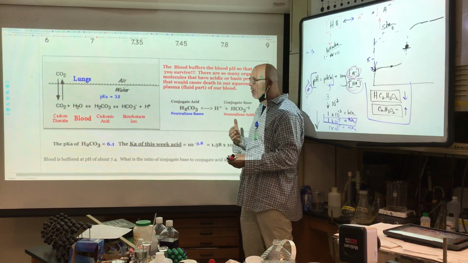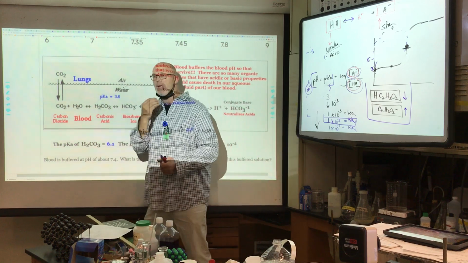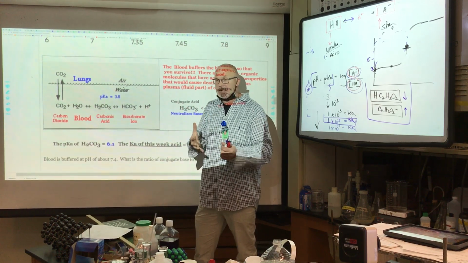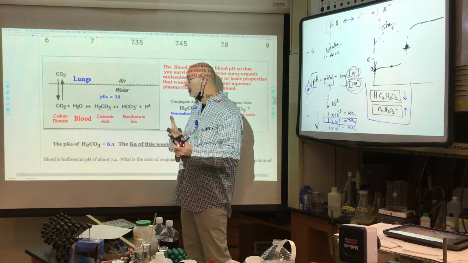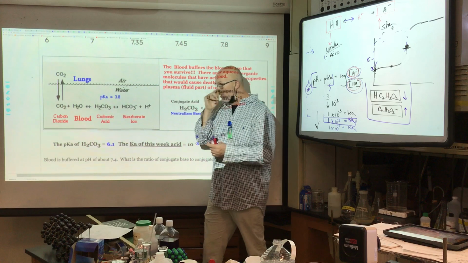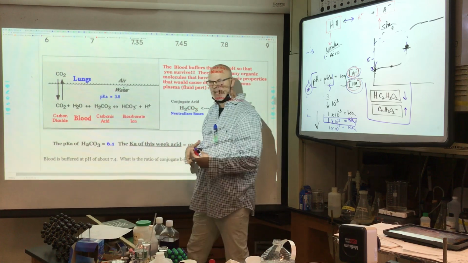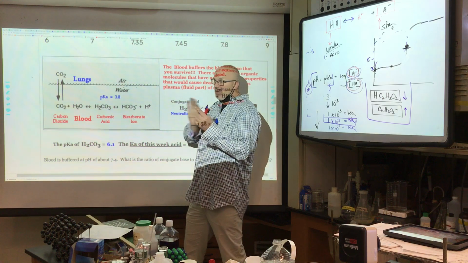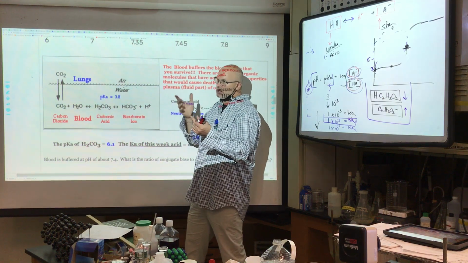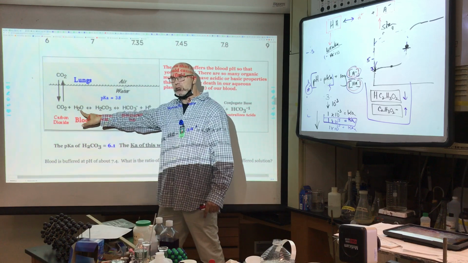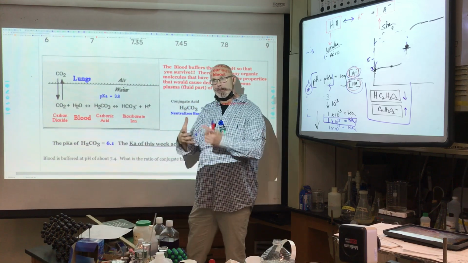Interestingly enough, this is how it works. As a product of cellular respiration, we make ATP by taking in glucose, and we produce CO2 and water. CO2 diffuses through the cell membrane. Remember, CO2 is nonpolar, and the cell membrane is nonpolar. So it goes from the high concentration in the cell and diffuses into the bloodstream, into the plasma, the liquid part of the blood.